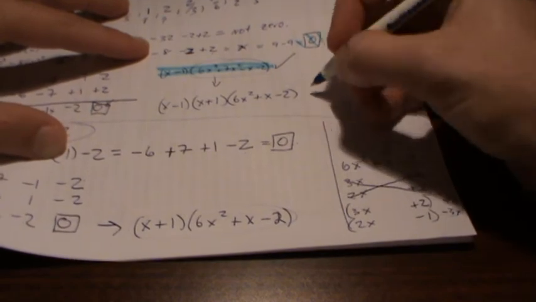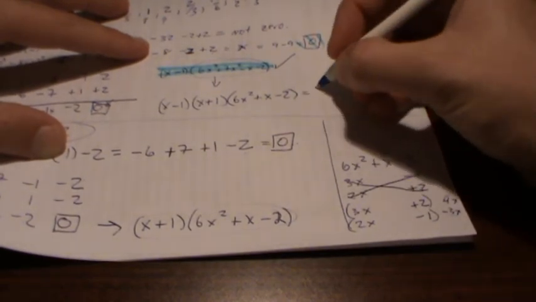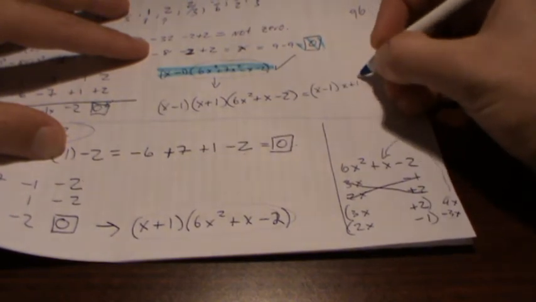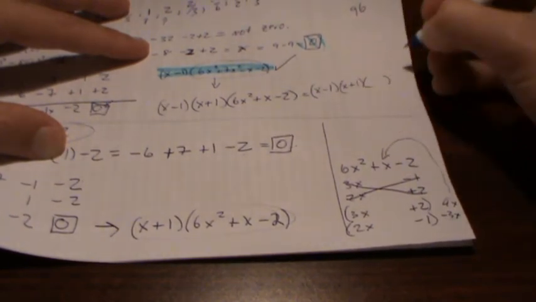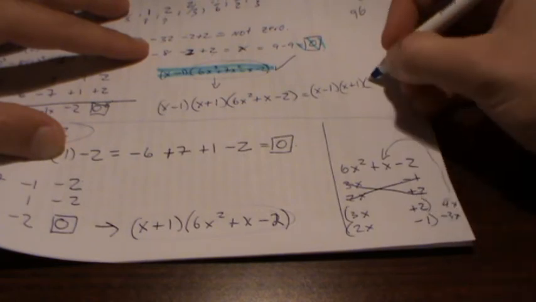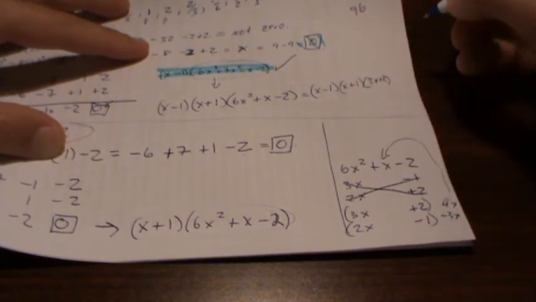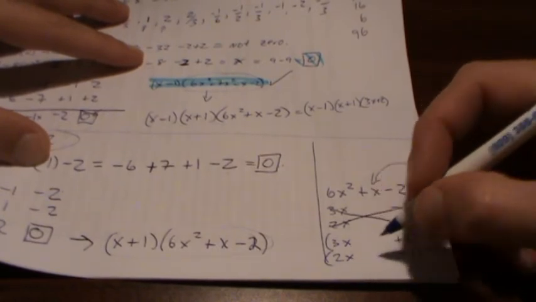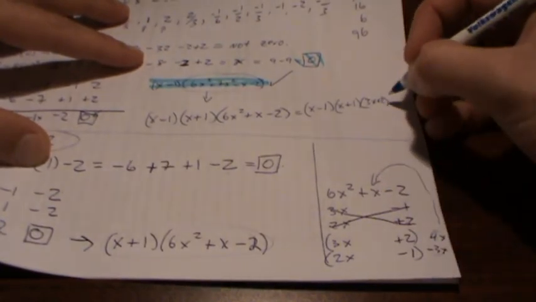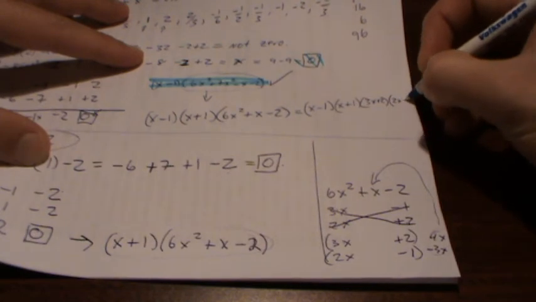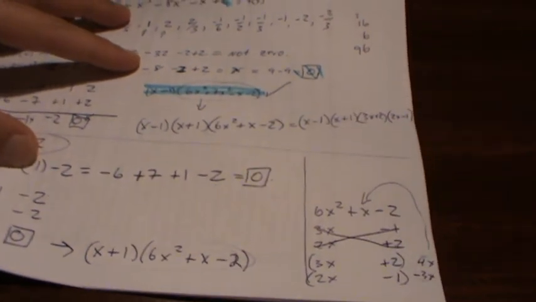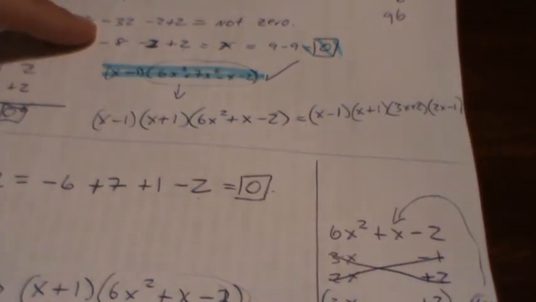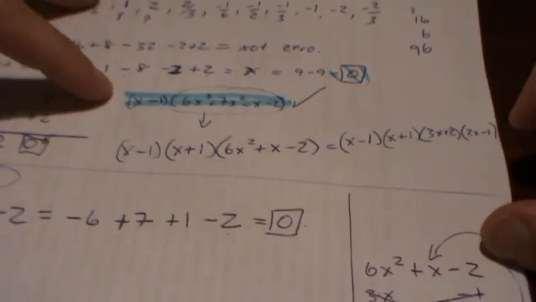And so in the end, the final four factors are x minus 1, x plus 1, 3x plus 2, and the final one is 2x minus 1. I'll write that, 2x minus 1. Okay, and so there we have our fully factored thing.